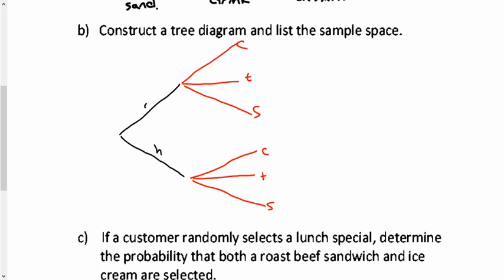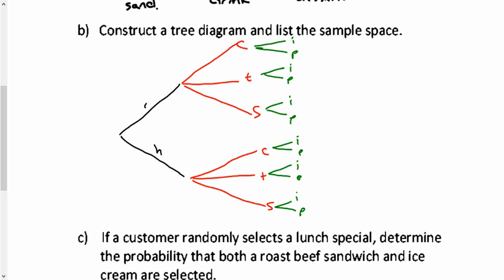Then lastly, we have our desserts, and our desserts are either ice cream or pie, and we get that for each one of these. Ice cream or pie, ice cream or pie, and so on. Okay, we have successfully created a tree diagram.